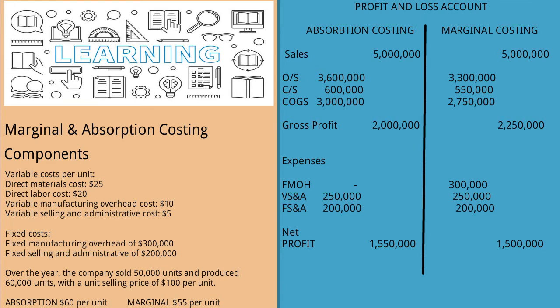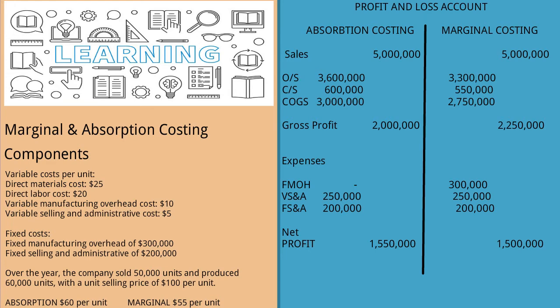So if we're looking at absorption costing and marginal costing, we can see now in the gross profit that the gross profit for absorption costing is actually less than the marginal costing, because of the fixed manufacturing overheads which are incorporated in the overall absorption costing calculation.